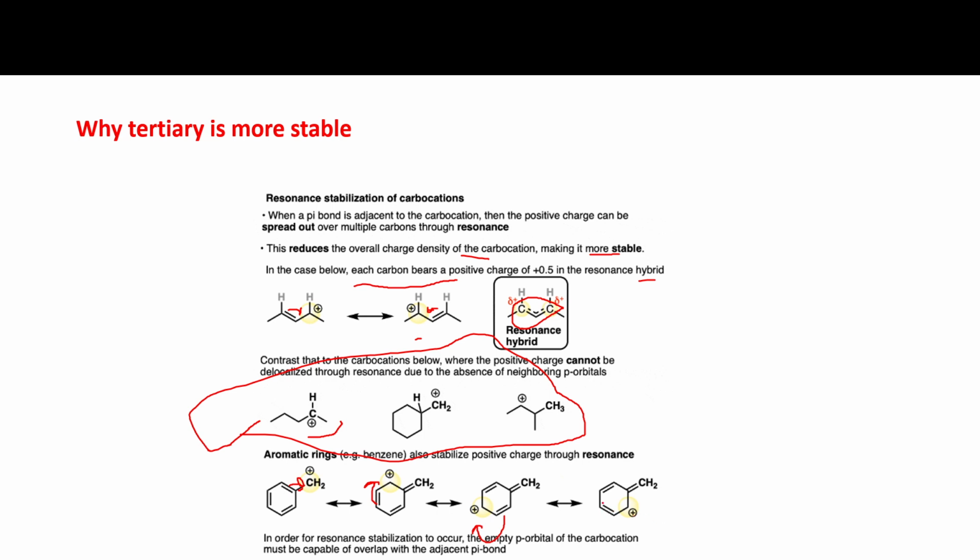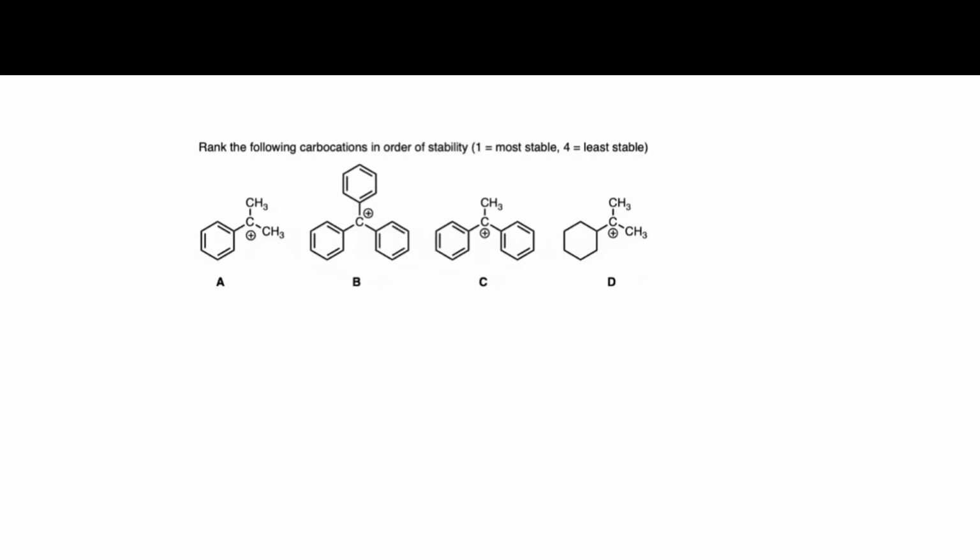So your positive charge goes to the 1, 2, 3 positions, which overall stabilizes your carbocation. The pi bond of this benzene group stabilizes your carbocation, which indirectly helps the SN1 reactions.